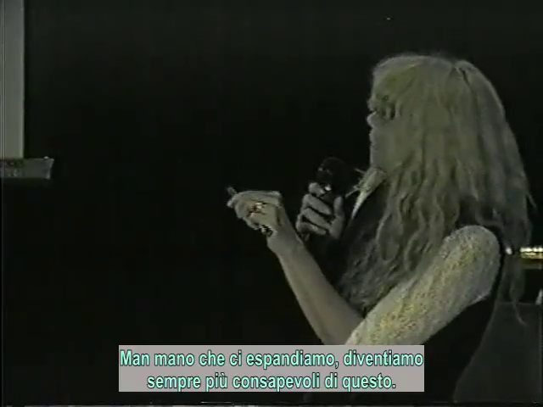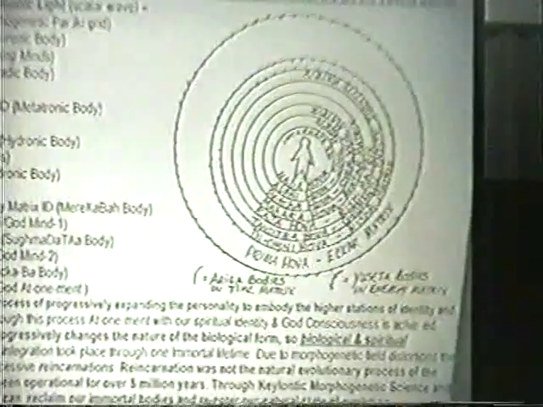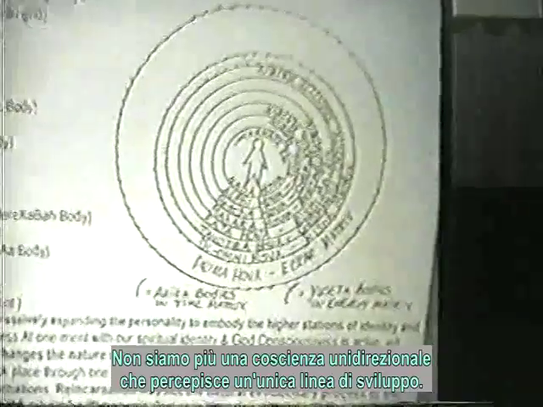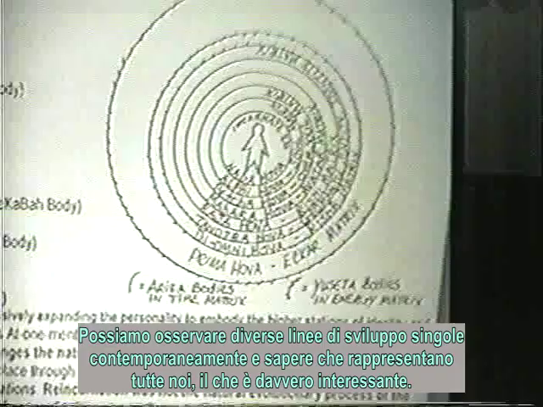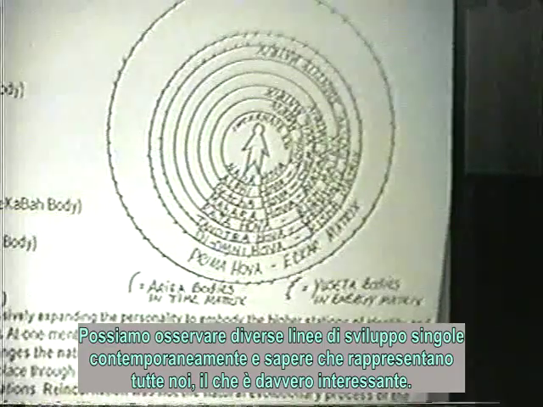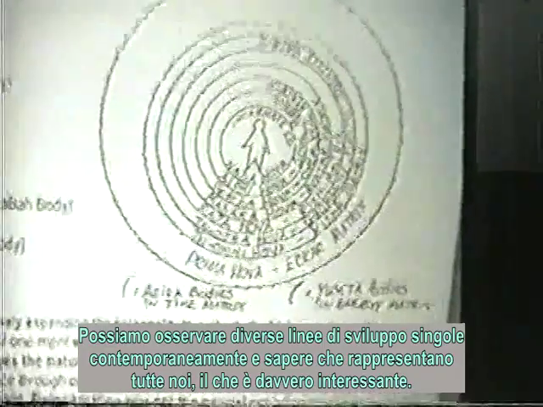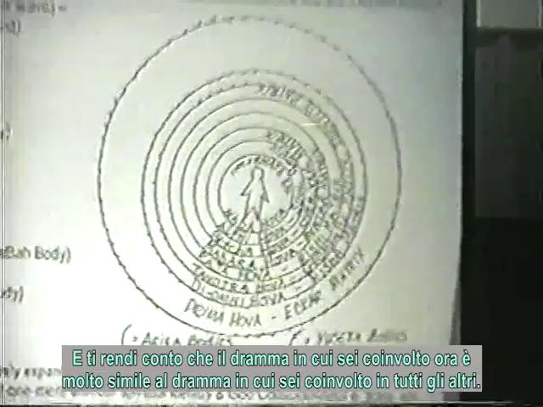Incarnation is simultaneous. Okay? As we expand, we begin to be more and more aware of that. Our time perception changes. We're no longer single vector consciousness perceiving one single line of development. We can observe several single lines of development all at the same time and know they're all us, which is really interesting. Then you realize that the drama you're involved in right now is very similar to the drama you're involved in all the other ones.